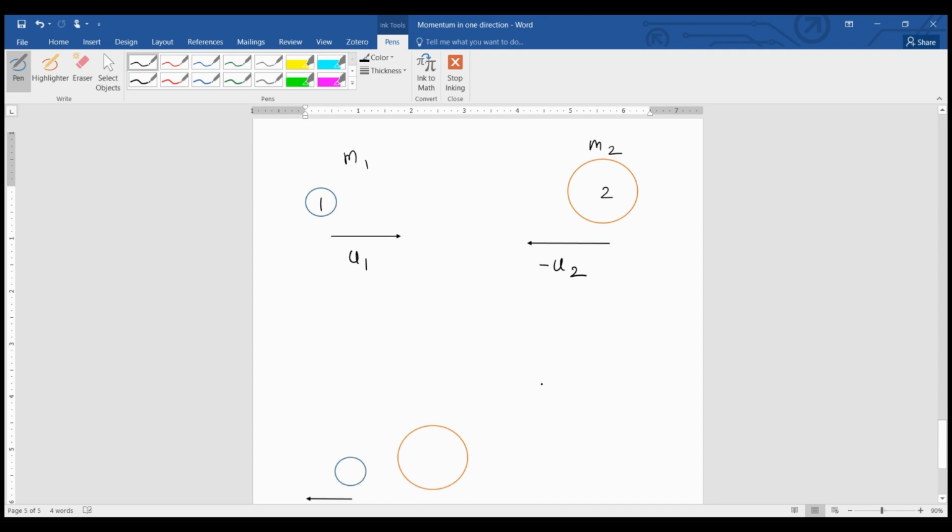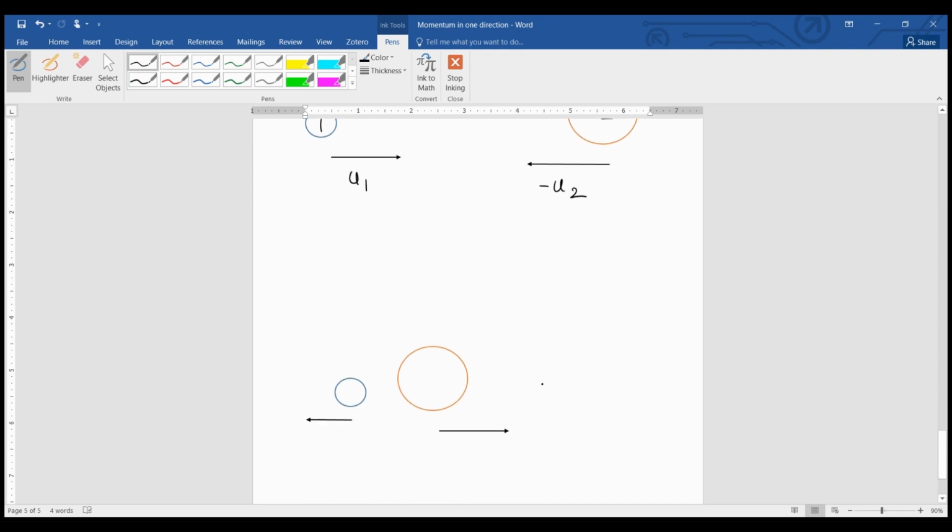In this scenario, after collision, the objects are moving away from each other. Object 1 is now moving to the left and object 2 is moving to the right. So the final velocity of object 1, since it's moving to the left, becomes minus v1, and the final velocity of object 2 moving to the right becomes plus v2.